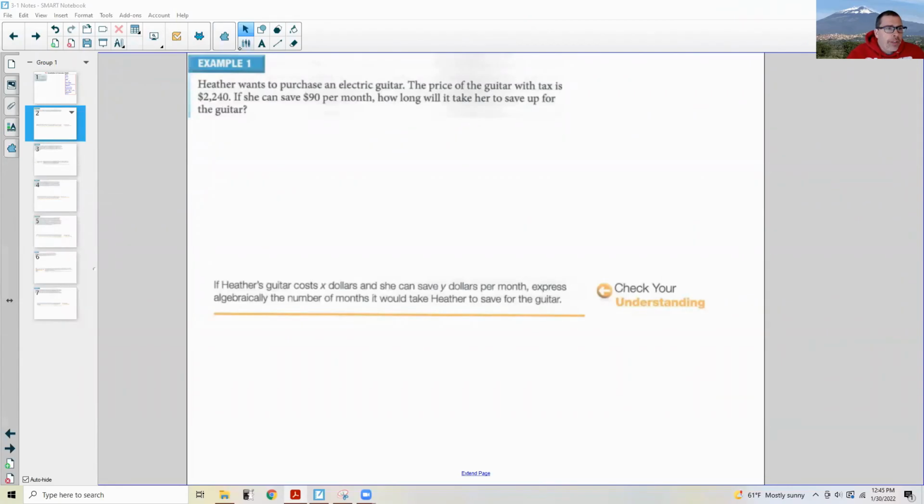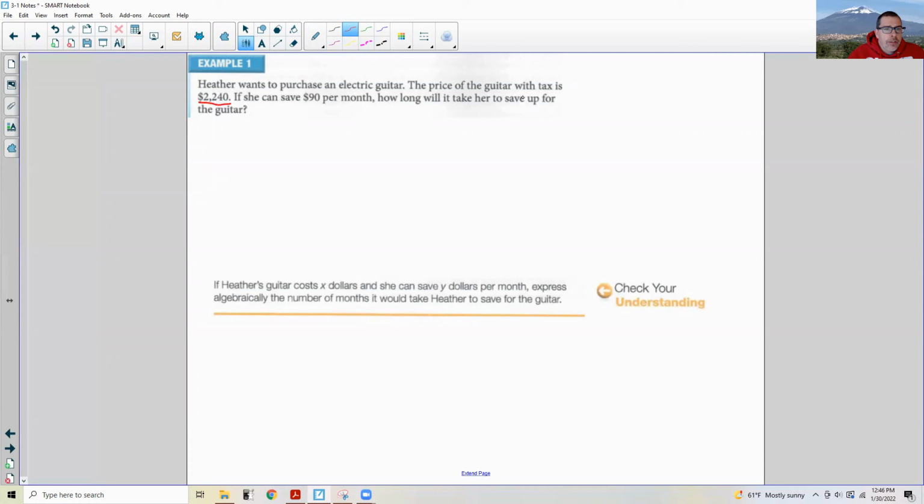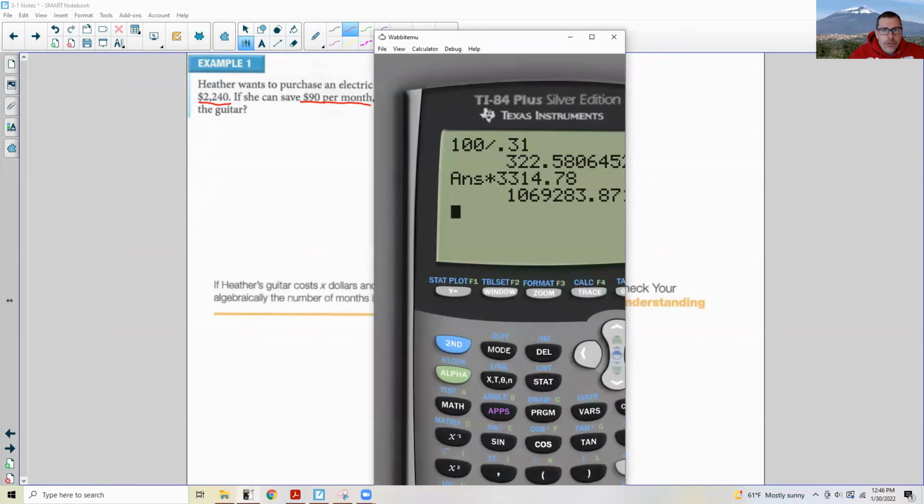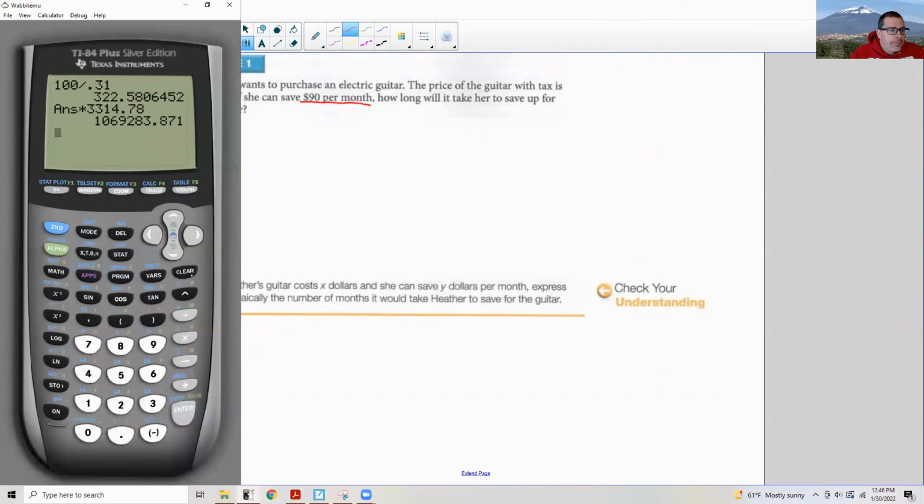Okay, example 1. Heather wants to purchase an electric guitar. The price of the guitar with tax is $2,240. Okay, there's the cost of the guitar with tax. If she can save $90 per month, how long will it take her to save up for the guitar? So $2,240 guitar.